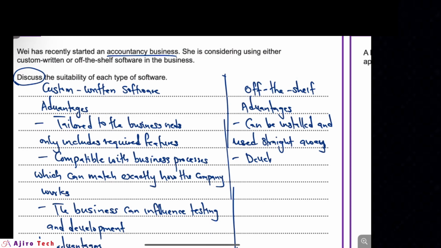Development costs are shared among many customers.